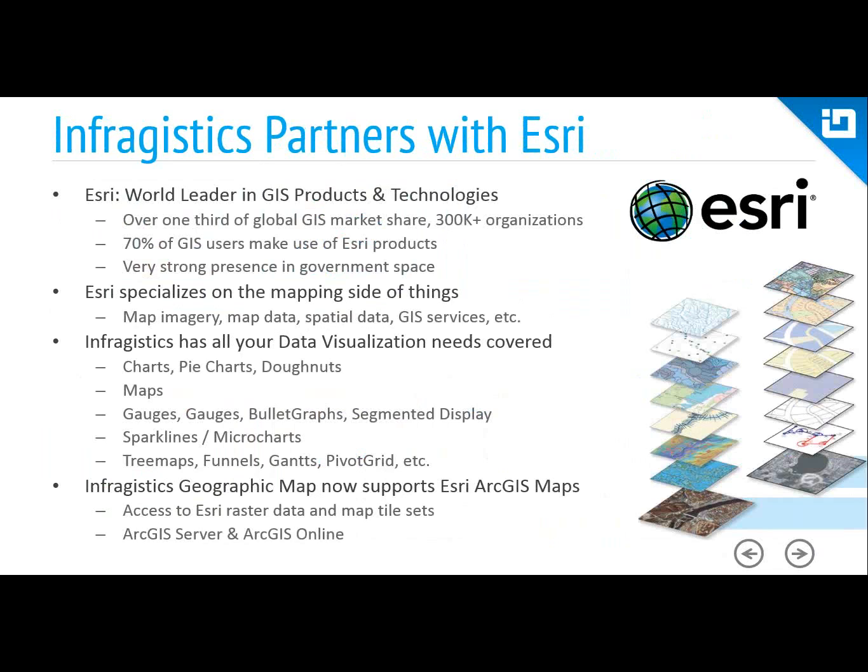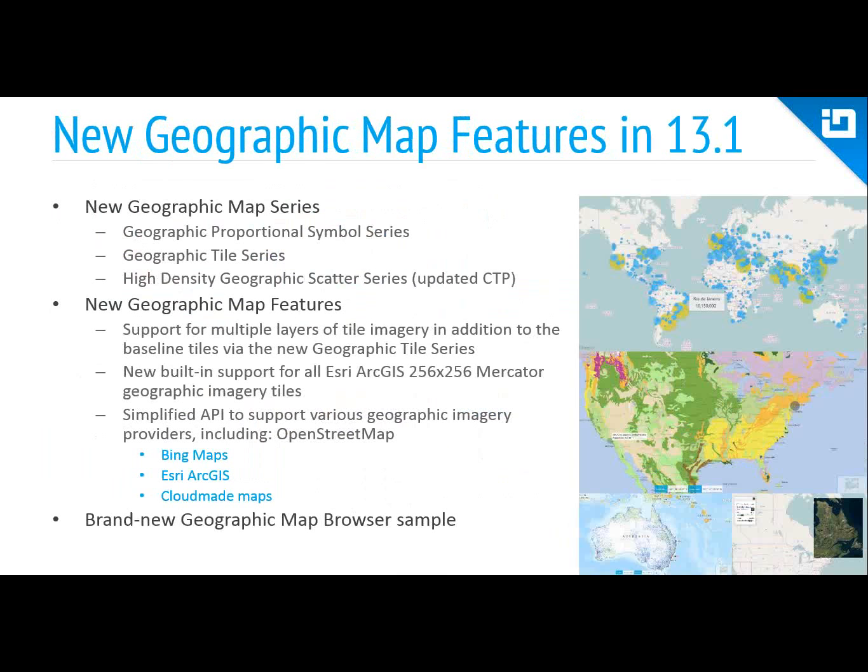ArcGIS is Esri's property that is either available in the cloud via ArcGIS Online or via dedicated servers with ArcGIS Server. Even if you don't have an Esri account or anything, you can still make use of some of those maps because there's a bunch of public tile sets that are available, and I'm going to show you some demos on how this is done and how you can easily leverage this in your application.